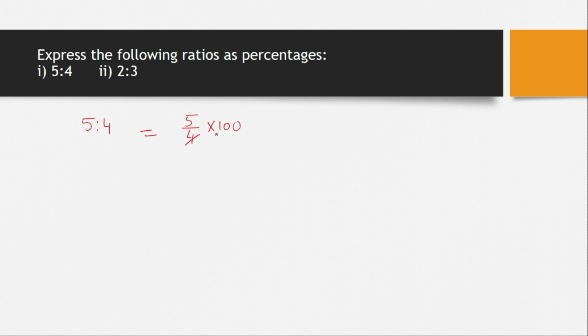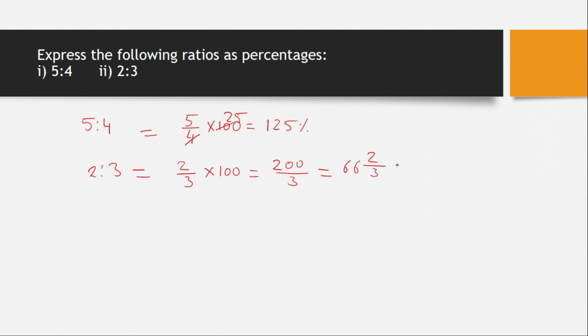That means it will be 125%. Next is 2:3, or we can write it as 2/3 into 100, or we can write it as 200/3. In mixed fraction, it can be written as 66 whole 2/3%.